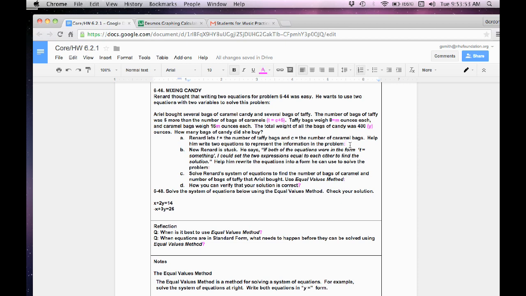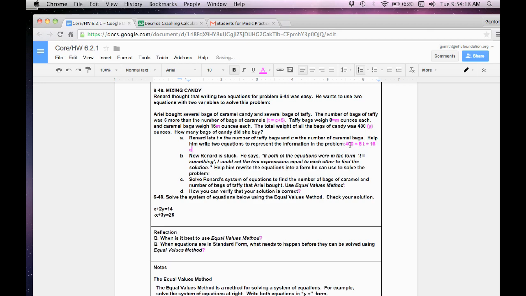Okay, so we know that 400, which is the total, that's the Y, is equal to 8 times the number of taffy bags, so that would be 8 times T, plus how much for each of the caramel bags? 16. And then the caramel bags are just C right now.